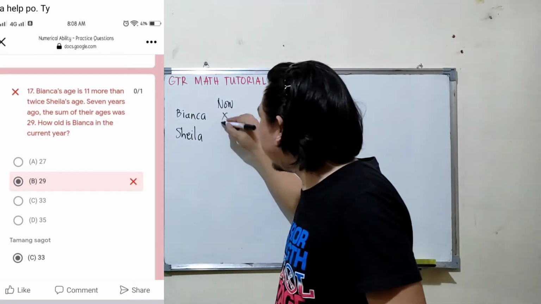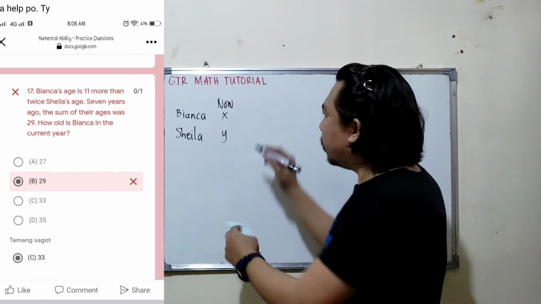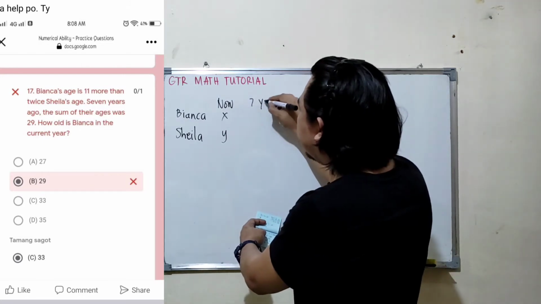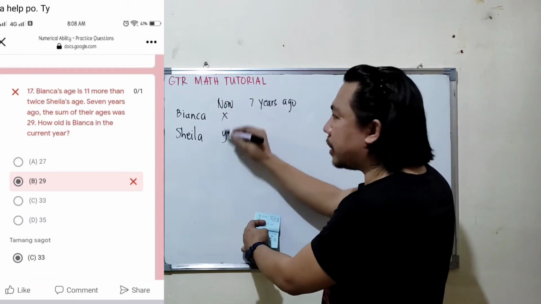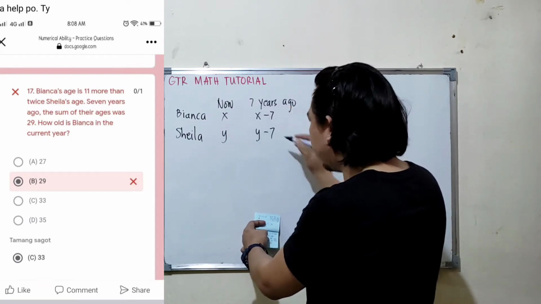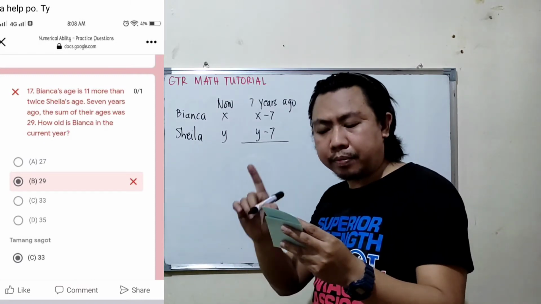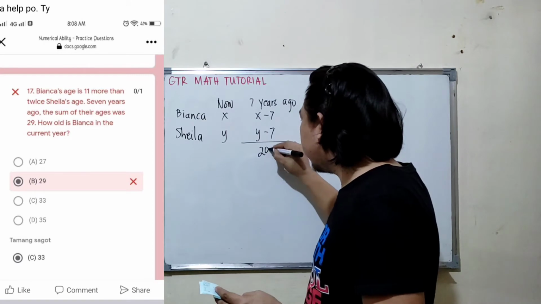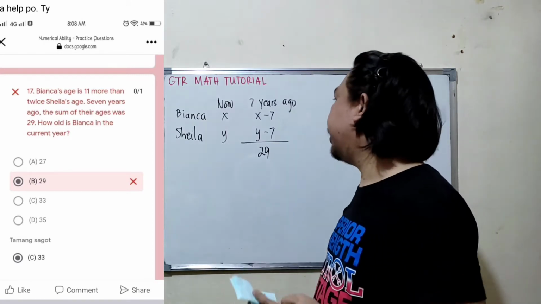So, lalagay lang natin X and Y. Tapos, 7 years ago, subtract lang tayo ng tig-7 sa kanila dahil 7 years ago. X minus 7, Y minus 7. Ang total daw nila, 7 years ago, the sum of their ages was 29. Okay? So, how old is Bianca in the current year?